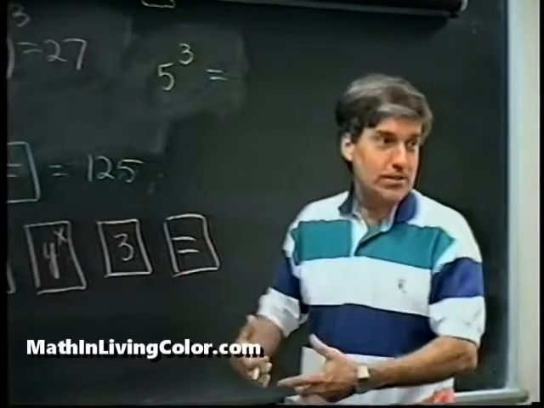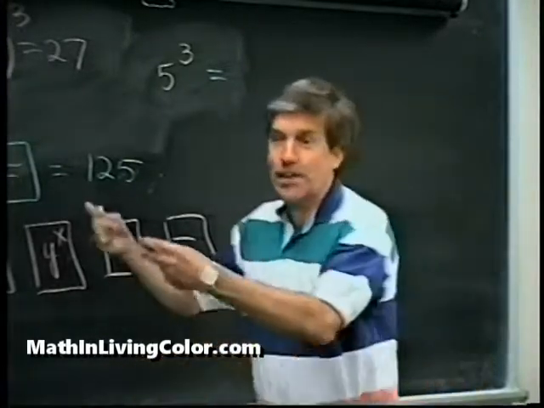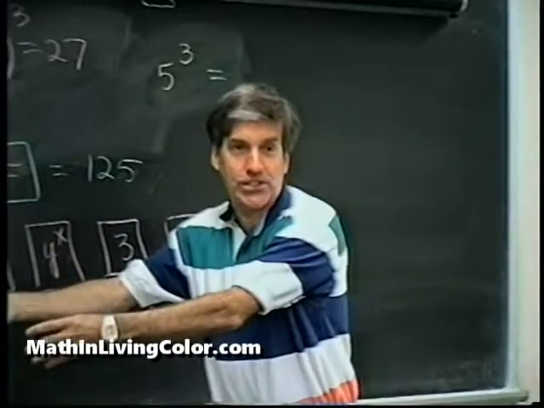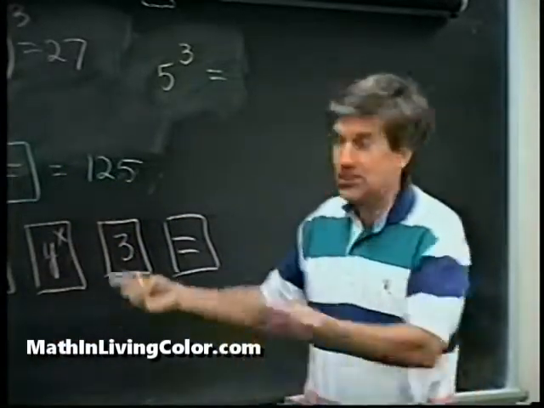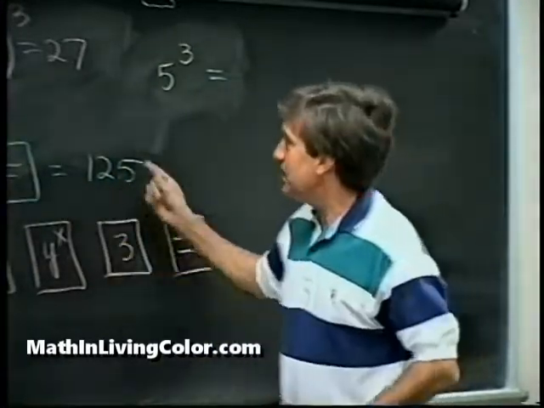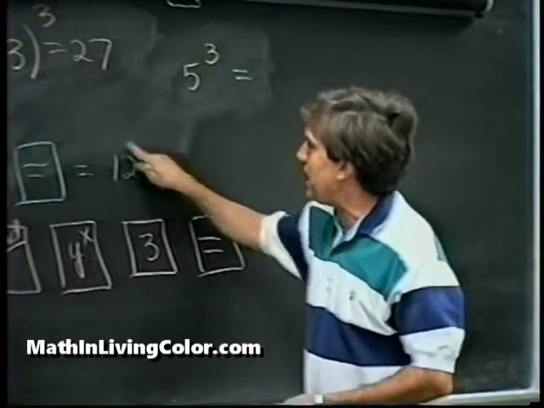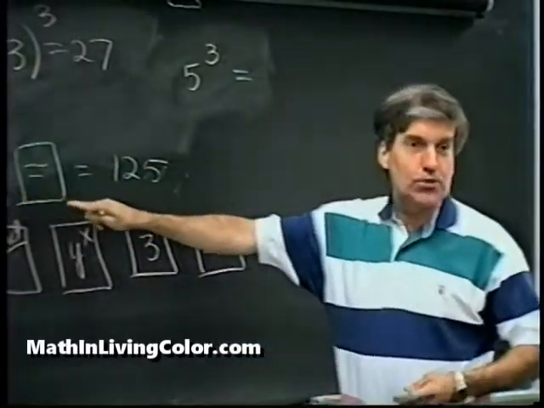The present and a bunch of paper. Okay? Well, they start with a present, they wrap it, and then you unwrap it, and you're back to the present, see? So this is as simple as wrapping and unwrapping a present, isn't it? Okay? So if you started with that 125 and you want to go back to the 5, what we have to do is do the cube root.